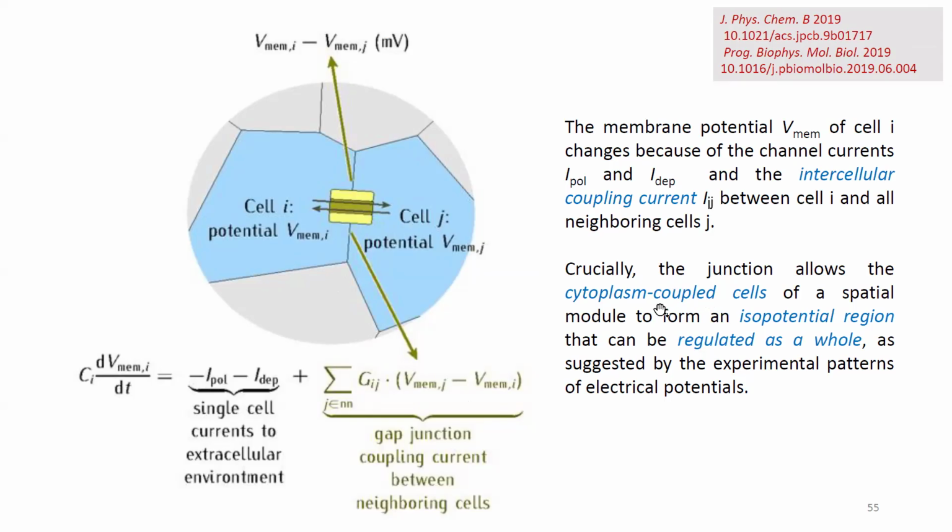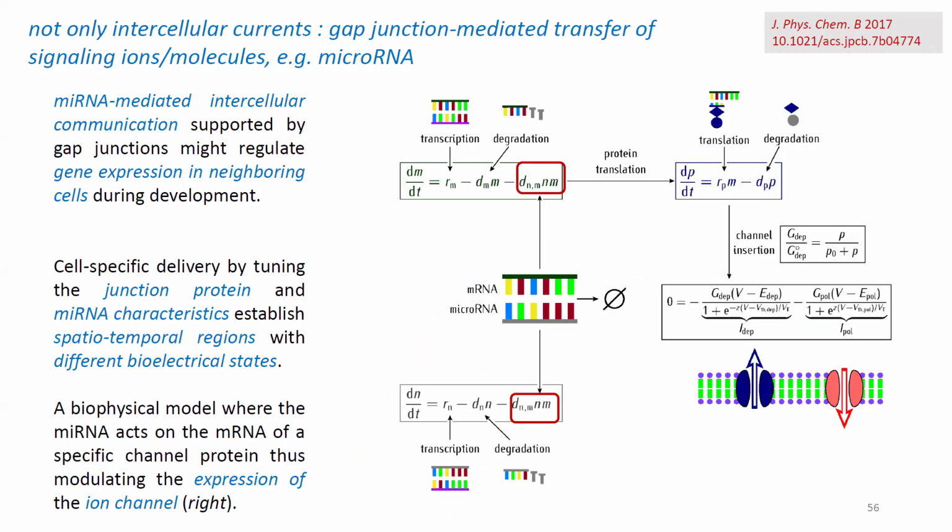I mean, there is some sense of belonging to the same isopotential region when lots of cells are connected cytoplasmically, so they share the same cytoplasm in this sense. This means that in principle you can regulate as a whole a multicellular aggregate using this connection between neighboring cytoplasms in the cells.